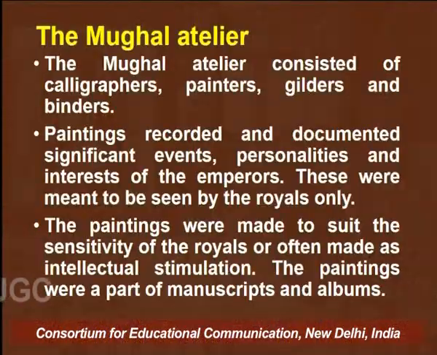A very important role in this entire process was played by the Mughal atelier. The Mughal atelier consisted of specialized calligraphers, painters, binders, and all these different categories of artists were contributing in their special ways.